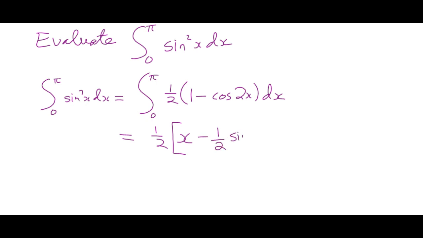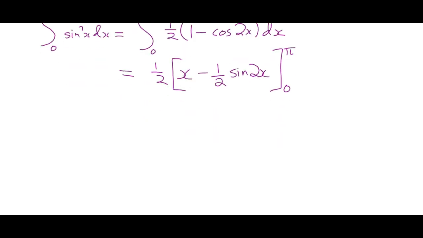Minus 1/2 sine 2x, right? So think of this as guess and check. I think it's got to have a sine 2x. The derivative of sine 2x is cos 2x, but then I've got the 2 coming out, so I got to do a half of that. So just double check by doing the derivative of this, make sure you get the minus cos 2x, signs are correct and so on. And that's going to be evaluated from 0 to pi.